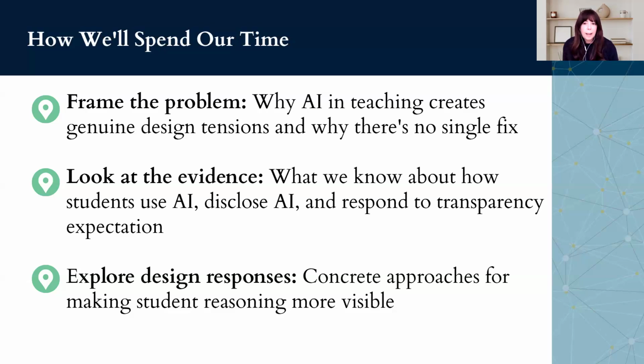We're next going to look at the evidence for what we know about how students use AI, what we know about AI disclosure practices, and how students respond to transparency expectations based on some of the evidence that we have from scholarship. And then we're going to explore some possible design responses, both in regard to transparency and also trying to elicit reflection and metacognition from students, so we get a sense of how AI is influencing their thinking.